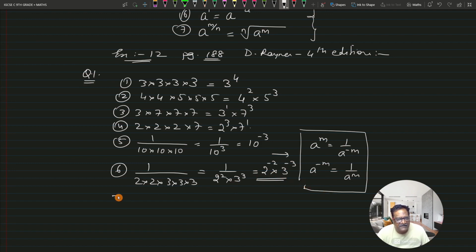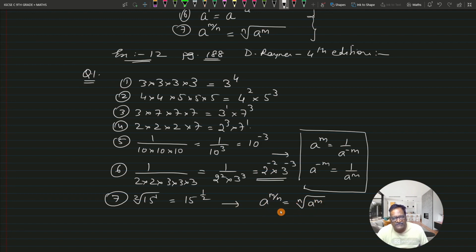Okay. Seventh. The seventh one is root of 15. Now root of 15, if you want to write, you can write it as 15 raised to 1 by 2. Okay. See, square root, you know, means you have a 2 over here and you have a 1 over here. Here what rule I have used, a raised to m upon n is equal to nth root of a raised to m, isn't it?